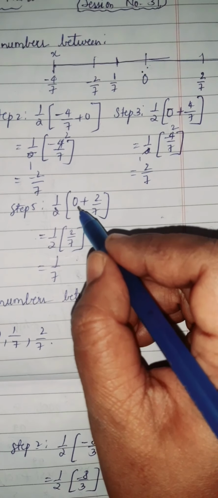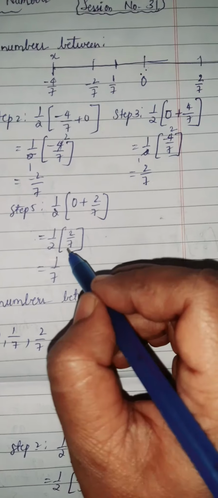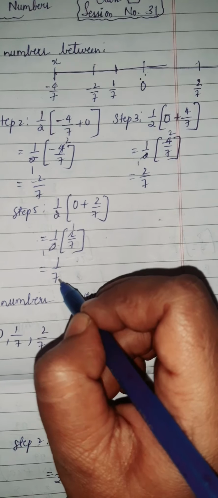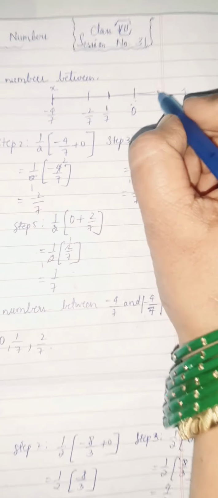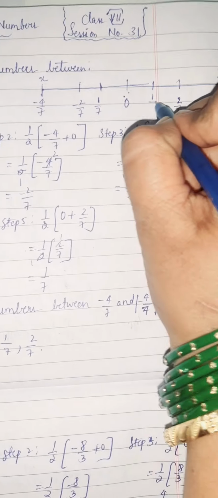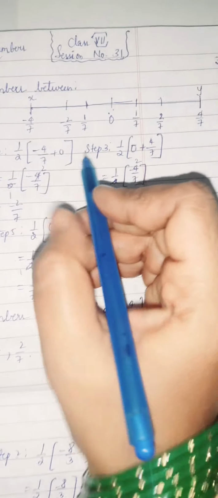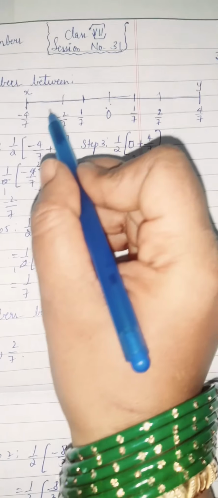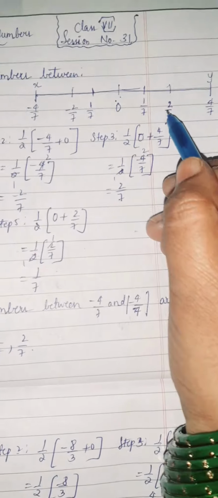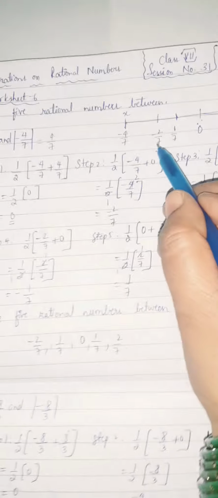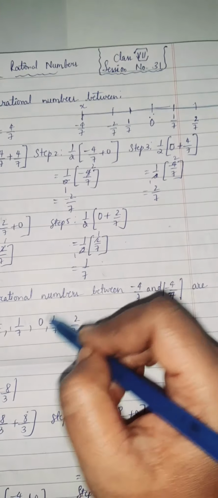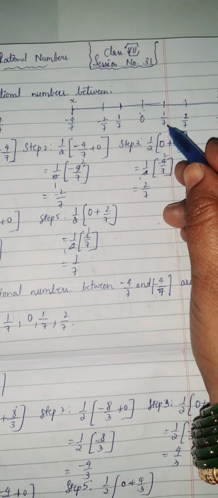Any number added to 0 is the same number, 2 by 7. Cancel, 2 ones are 2, 2 ones are 2, 1 into 1, 1 by 7. So the fifth rational number we have found out is 1 by 7. In this way, between these two rational numbers which are given to us, we have found out the 5 rational numbers. The 5 rational numbers we have found out are minus 2 by 7, minus 1 by 7, 0, 1 by 7, and the next one is 2 by 7.